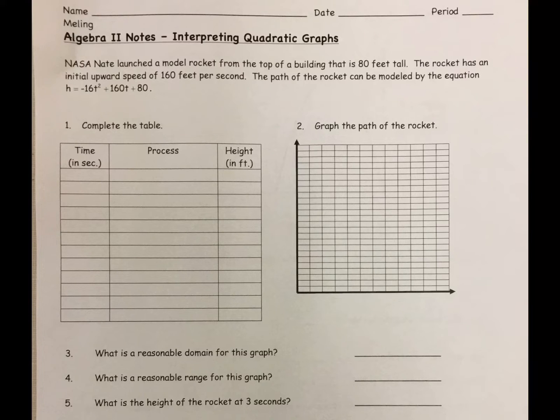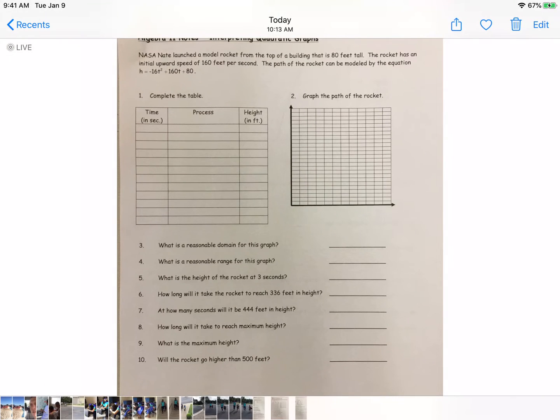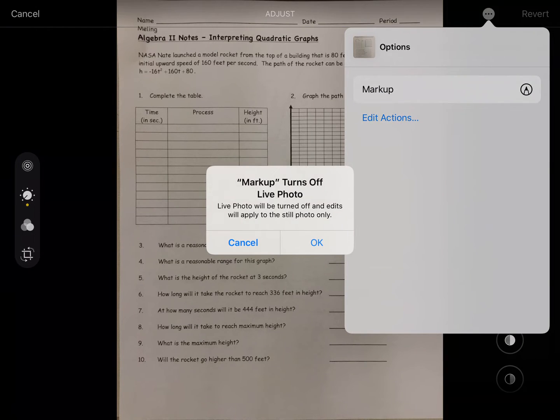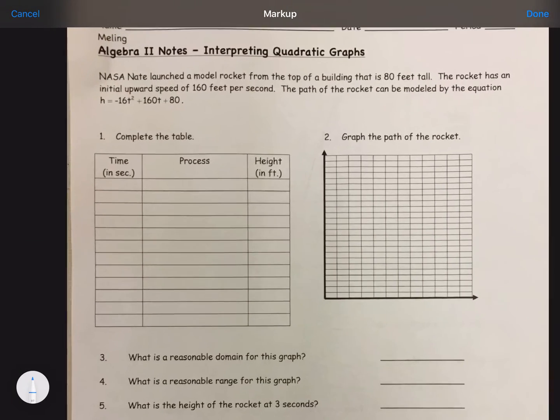So, if we're going to complete the table, what we need to do is plug in what happens at each second.